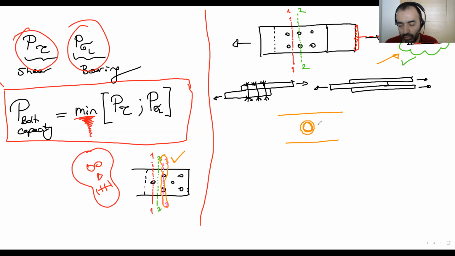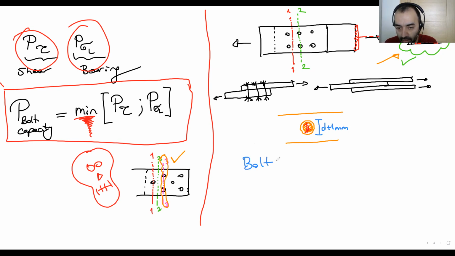It's not easy to draw well on the screen, but I'm trying my best. This is D, the bolt diameter. The bolt hole diameter is D plus 1 millimeter.